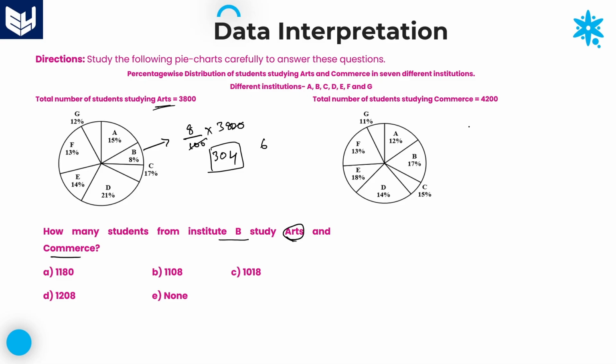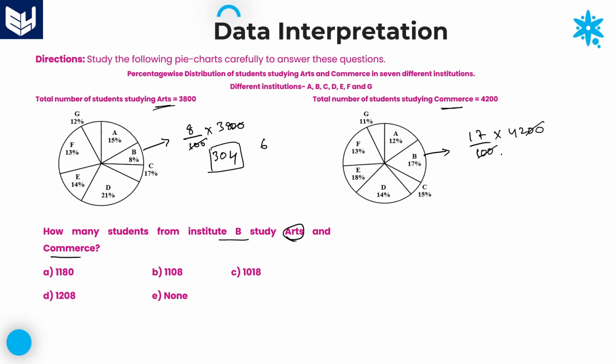Coming to the second one, Commerce, Institute B, 17%. What is 17% of the total commerce, 4200?